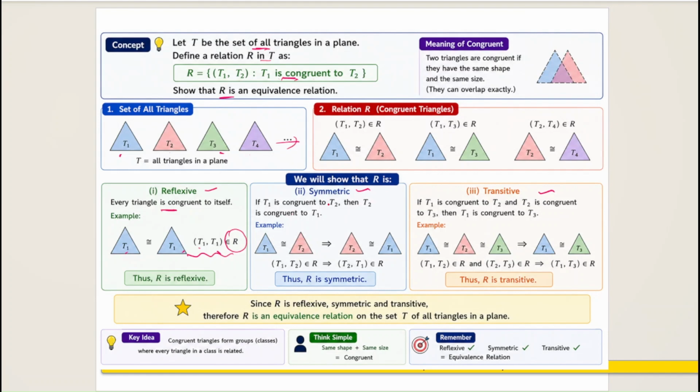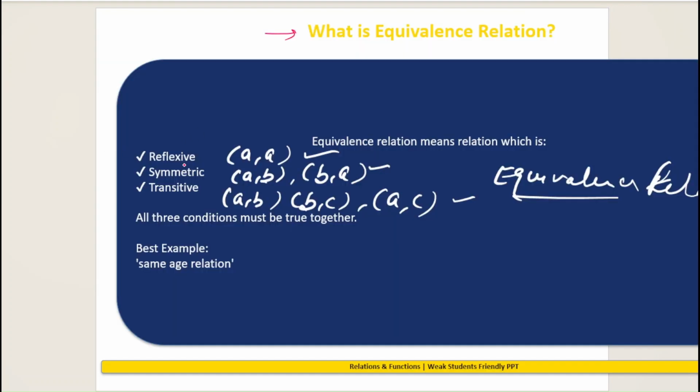Next part, symmetric. If T1 is congruent to T2, then T2 is congruent to T1. It is common, right? Remember what I told you: reflexive means if (A, A) belongs to the relation, then such relations are known as reflexive.